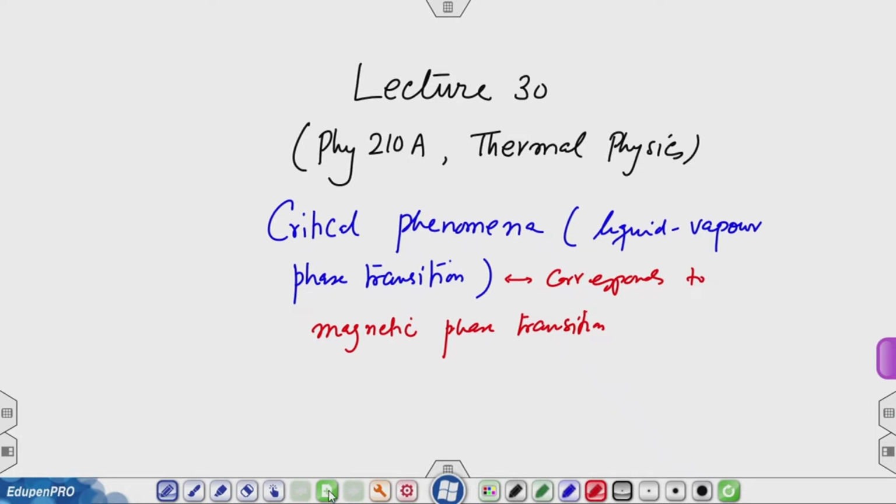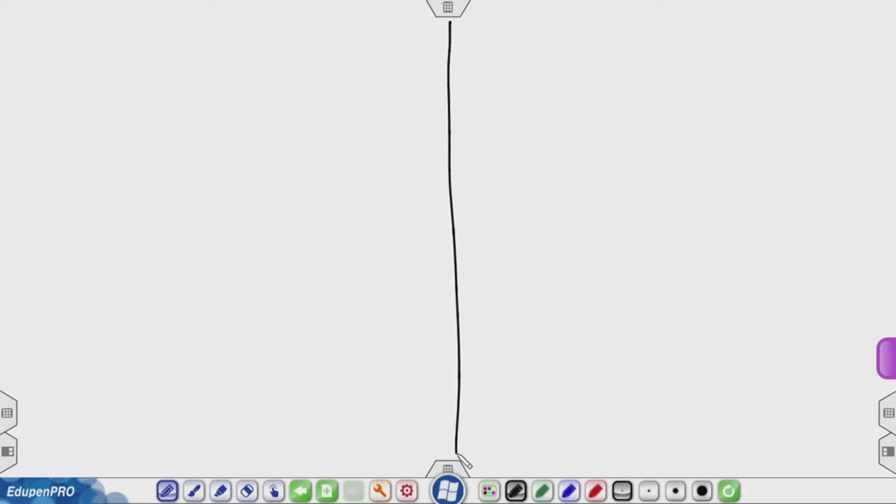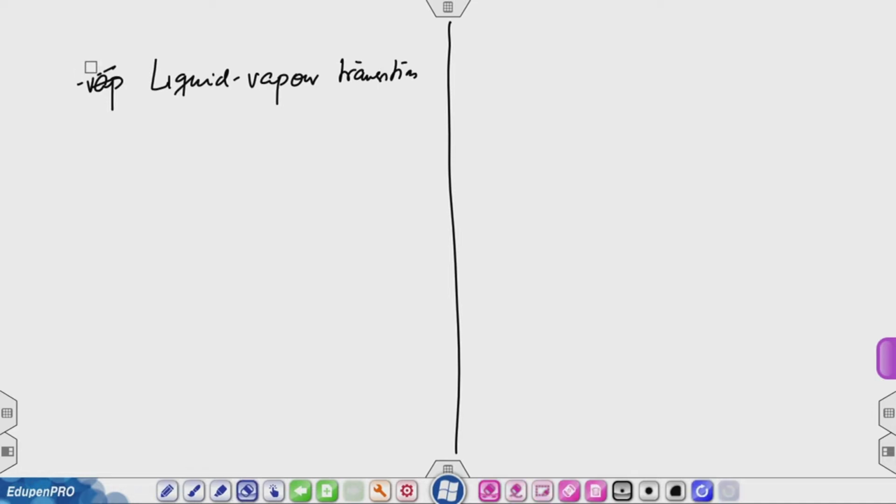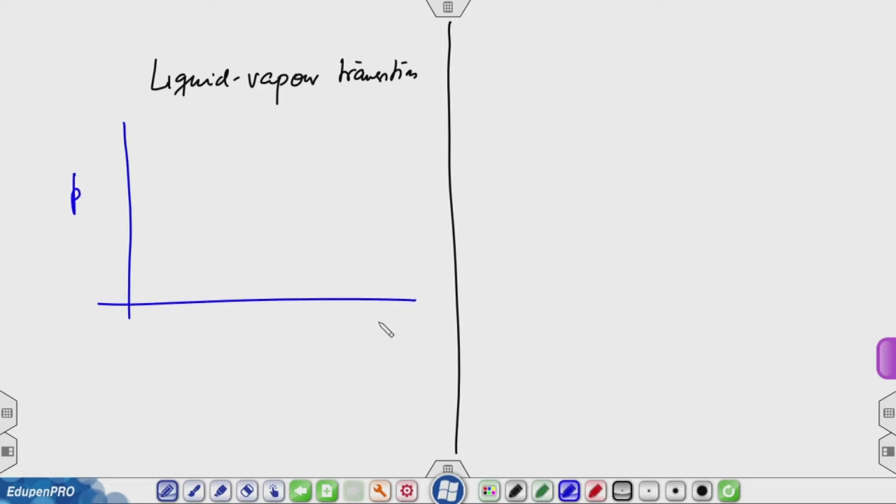So let me recall that when we were looking at the liquid vapor transition, at that time on the PV diagram we had the PV curve as shown here.